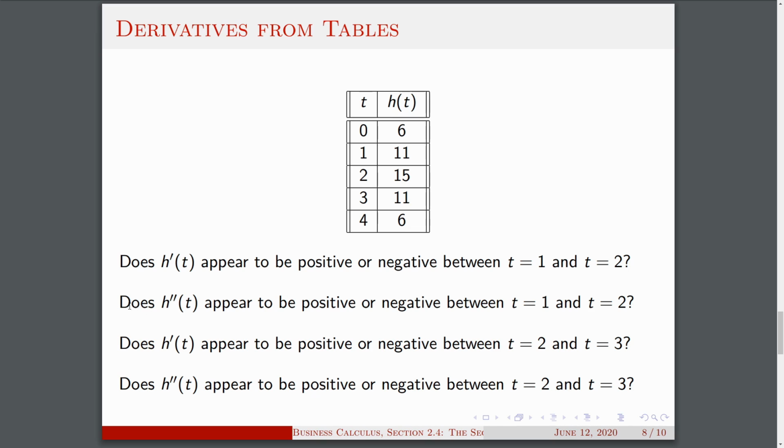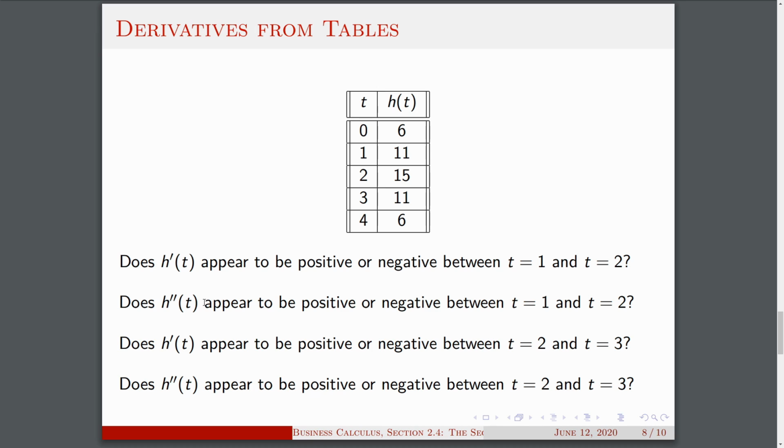And before I show the next slide, because the answer to the next slide has the answer to the first 2 questions, I'll go ahead and talk about it first. How about h double prime? How to guess this from looking at the table? So how to guess if the function is concave up or concave down by looking at the table?